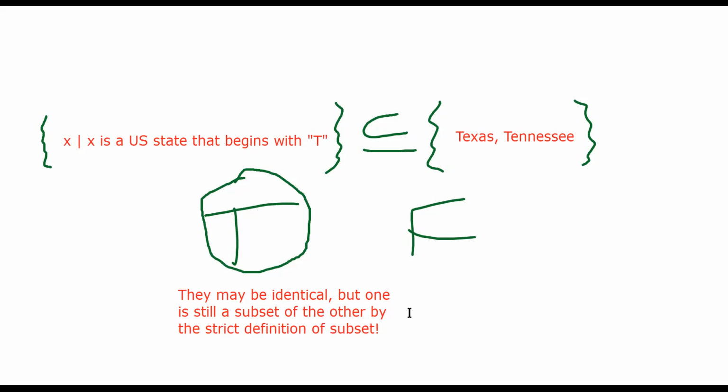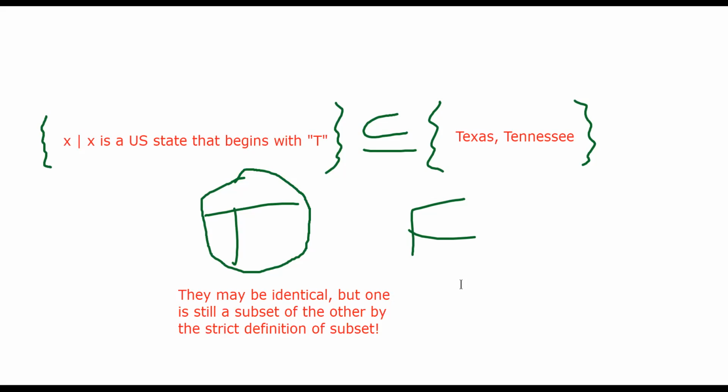That's the key here. The word subset, even though you see the prefix sub, doesn't necessarily mean that the subset has to be smaller than the larger set. That may not be true at all. They could be the exact same set.